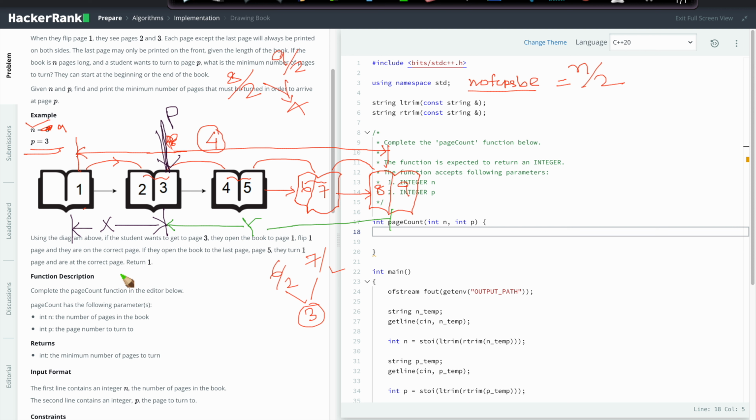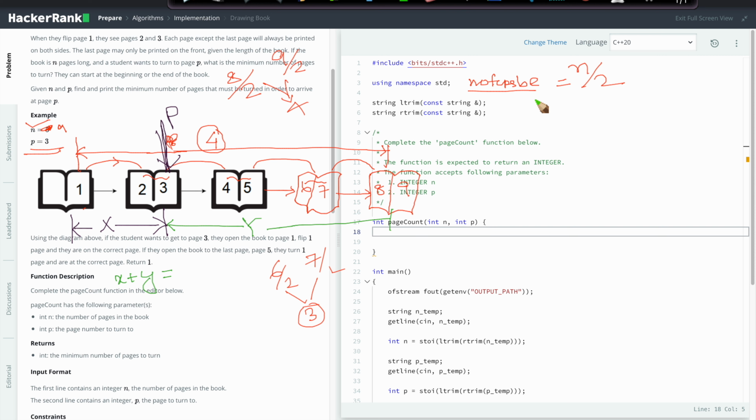Can we say x plus y is equal to the total number of flips required if you are traversing from begin to end? Yes, right?